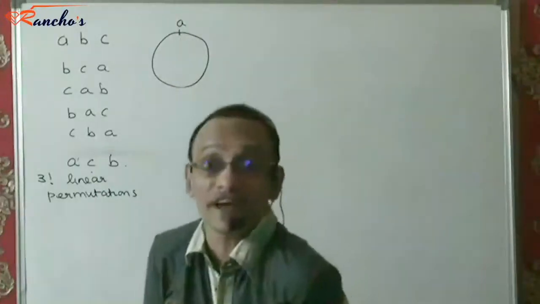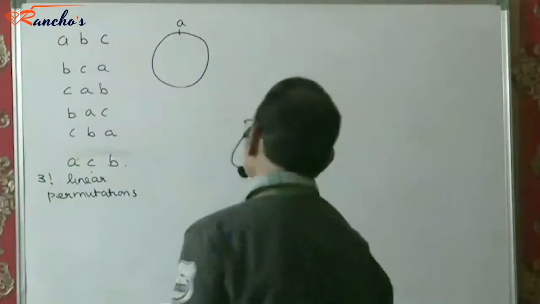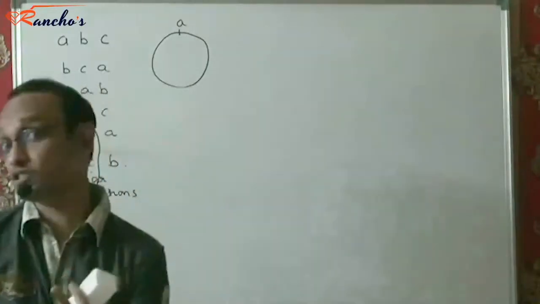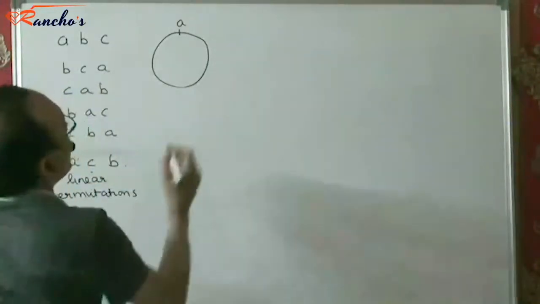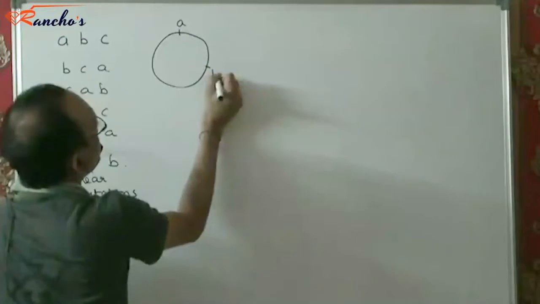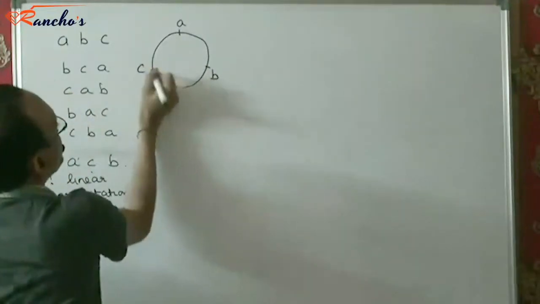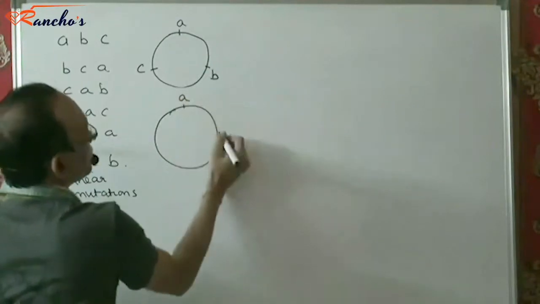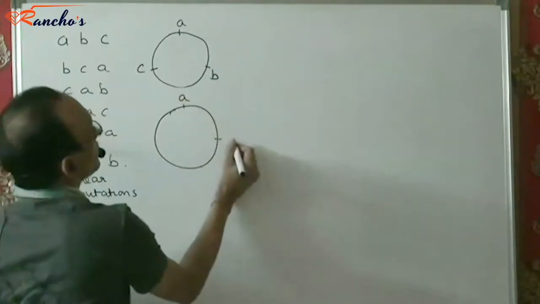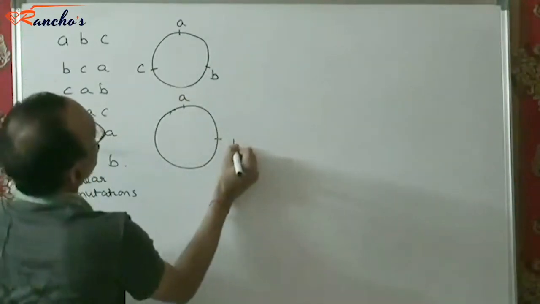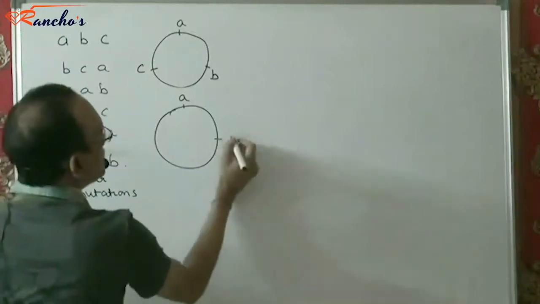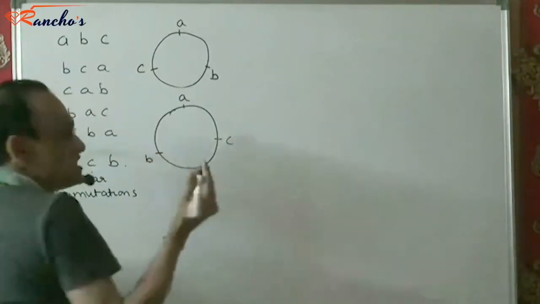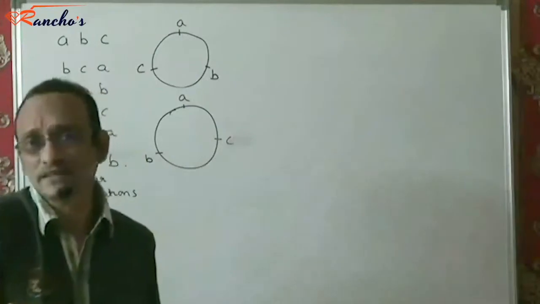So there is only one way I could have placed A. Once I fixed A, relative to A, B and C could have been fixed here, or C and B. That's it. There are only two ways.